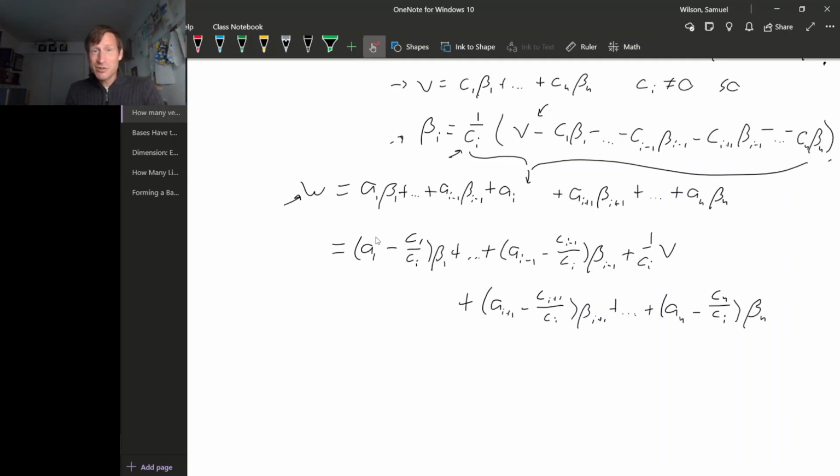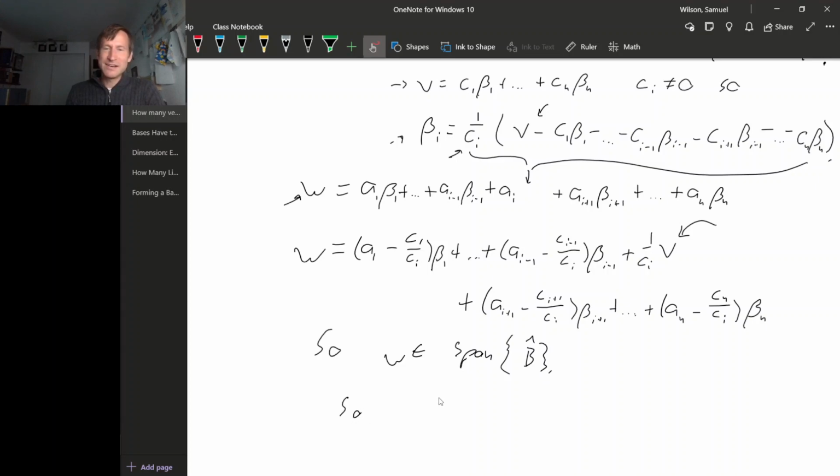Okay, so now we have W as a linear combination of all of the betas except beta I, but including V. So W is in the span of beta hat, or B hat.